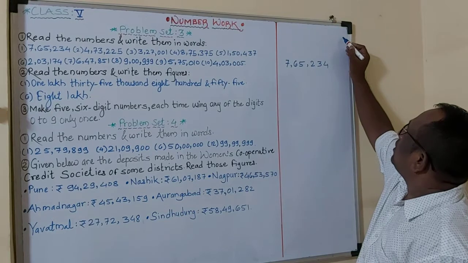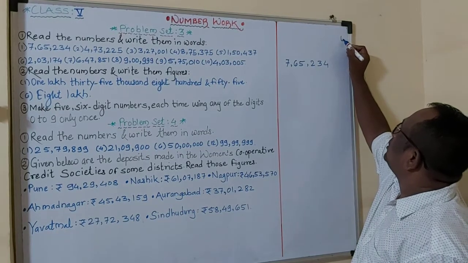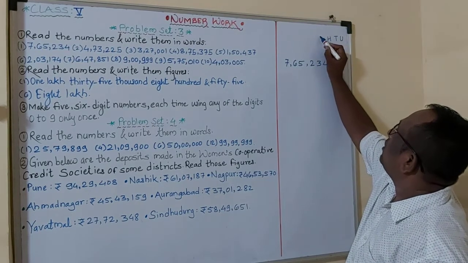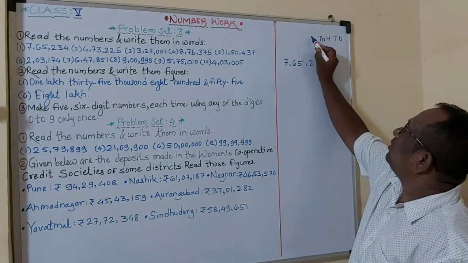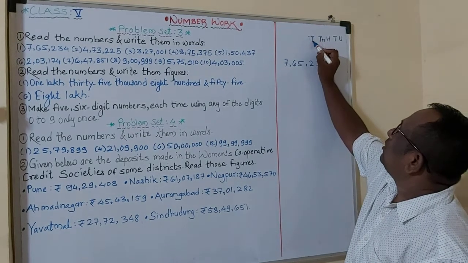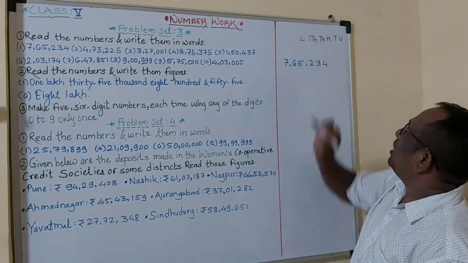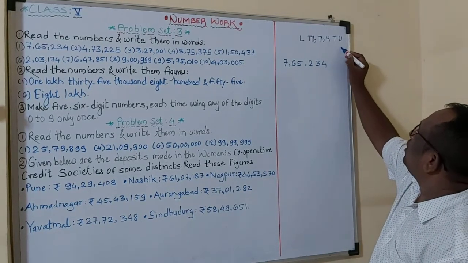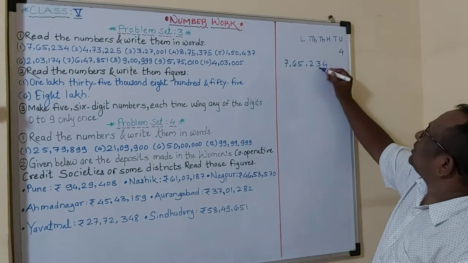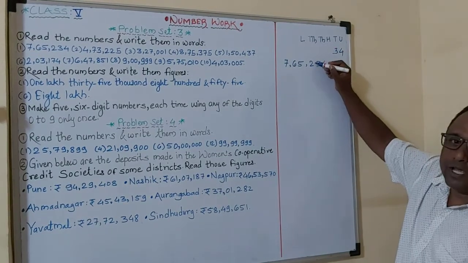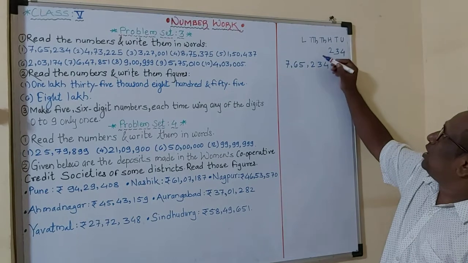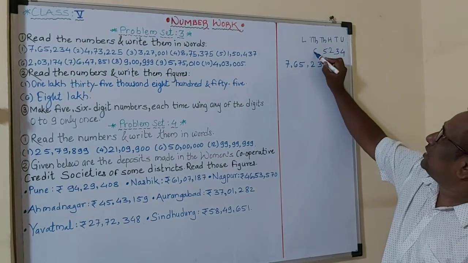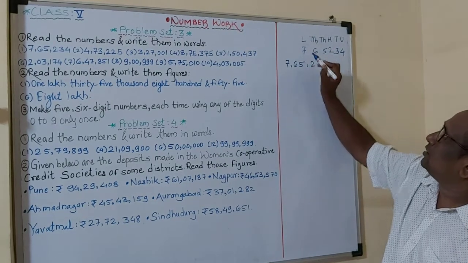First I will write here the unit place, or you can say ones place, then tens place, 100, 1000, 10,000 and lakh. Now we put the numbers here. First this 4 at the unit place, 10 place 3, 100 place 2, 1000 place 5, 10,000 place 6 and lakh place 7.